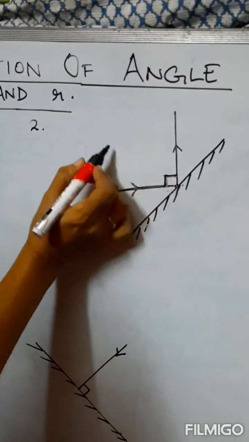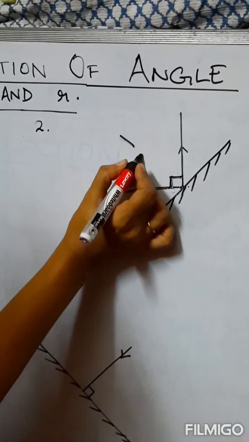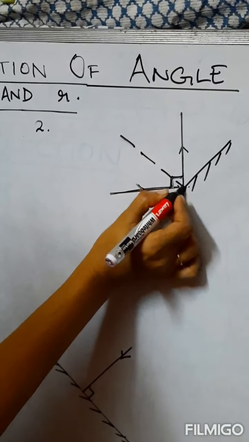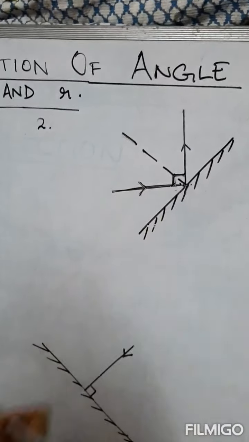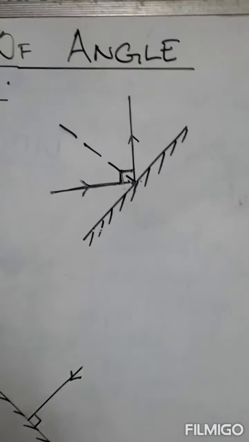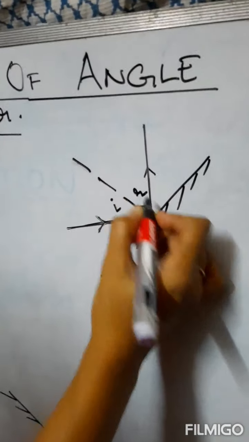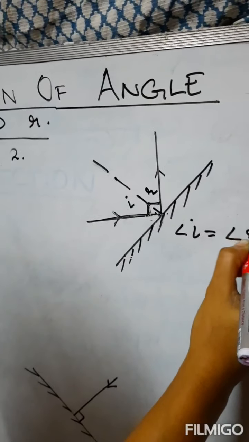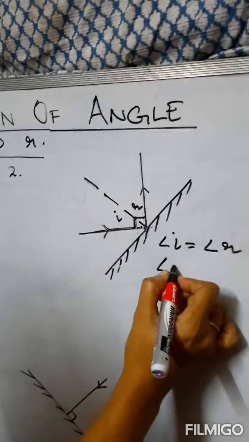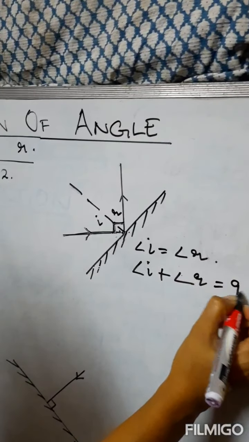You may drop a perpendicular. As by the law of reflection we know angle I is equal to angle R. Here we get angle I plus angle R is equal to 90 degree.